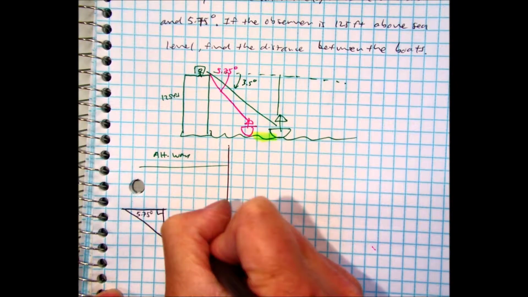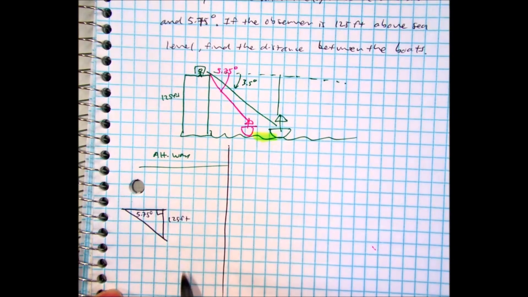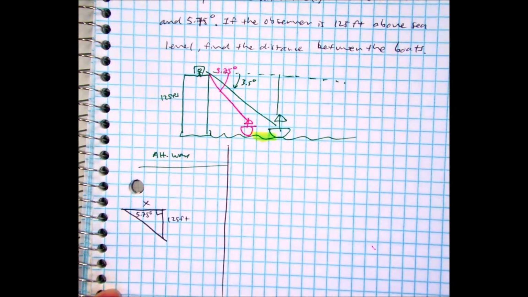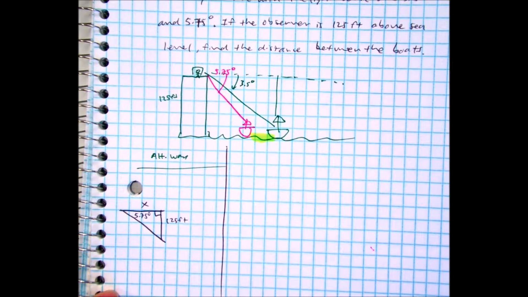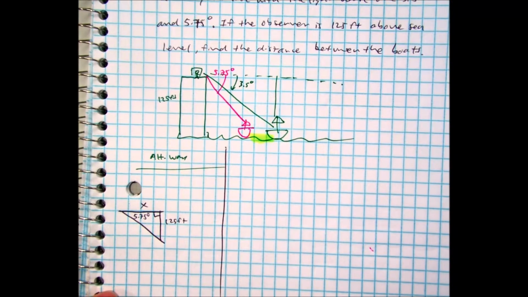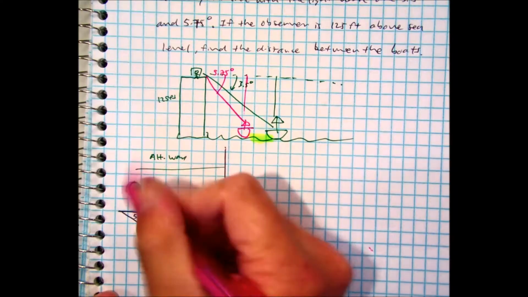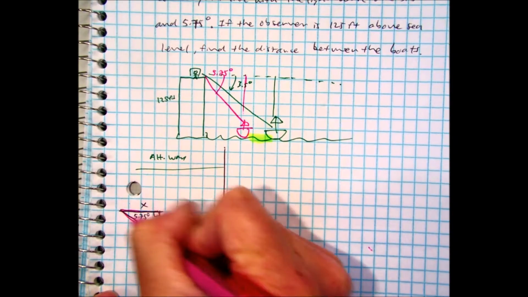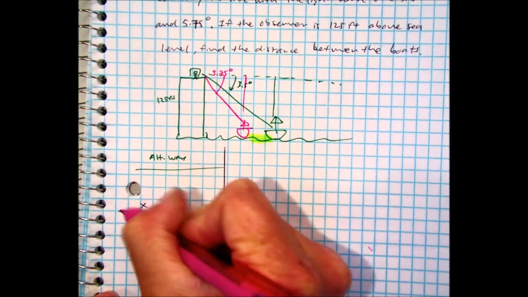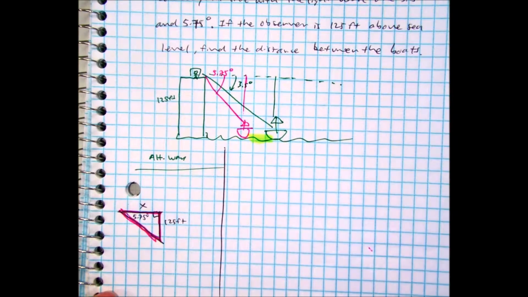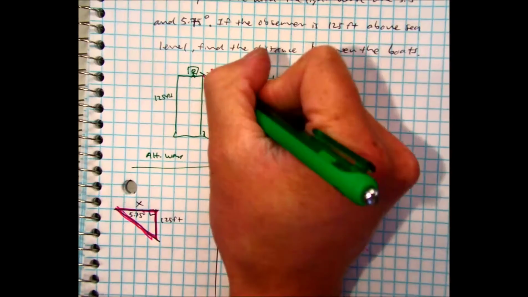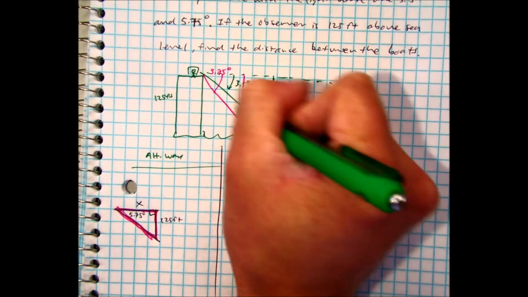I know that's 125 feet. I'm going to call this one X. So that's my pink triangle there. You see it? Pink triangle. And then the second triangle is this green one here.